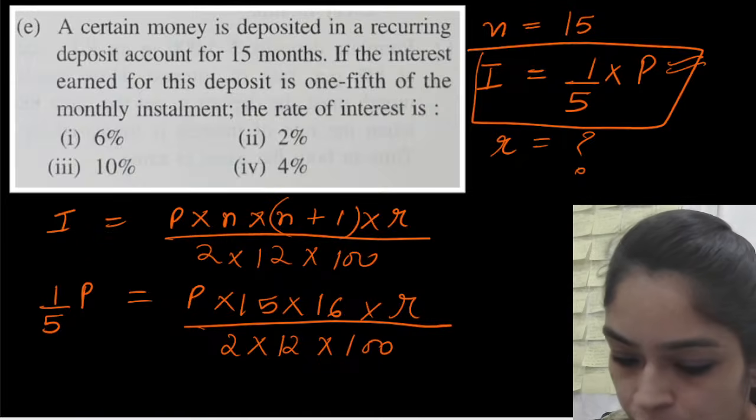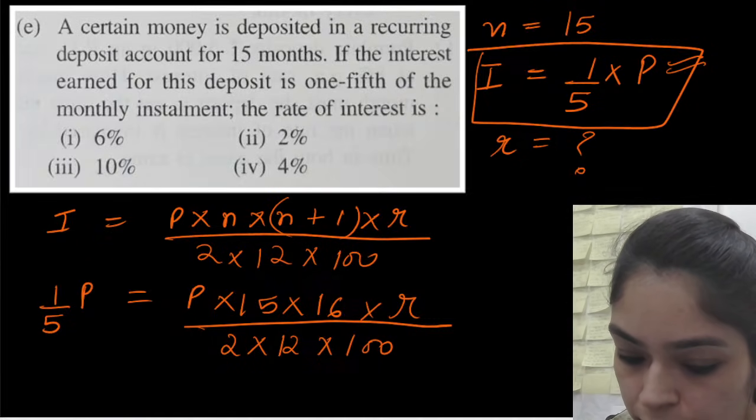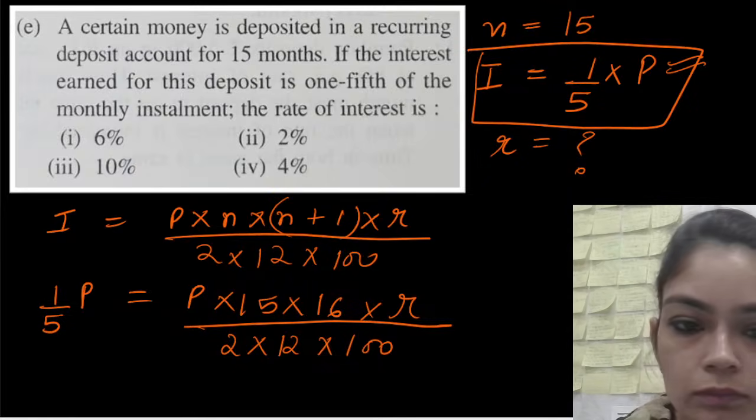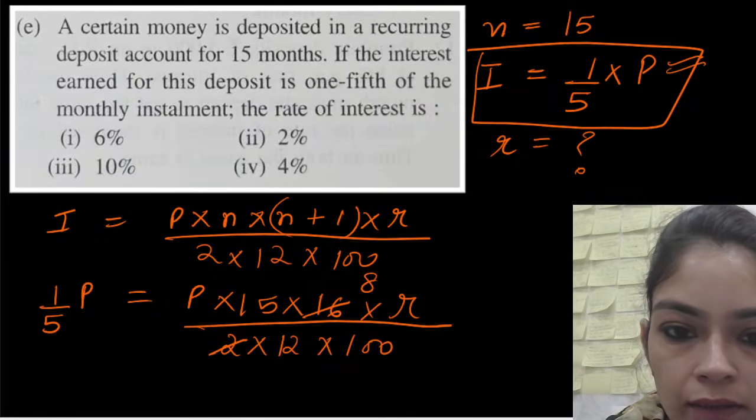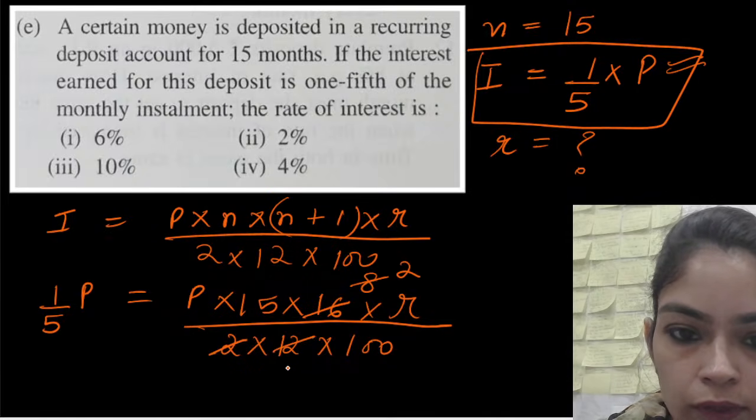So we can do cancellation here. This is 2 into 8. Then we can do cancellation on 4's table this side: 4 into 2, 4 into 3.